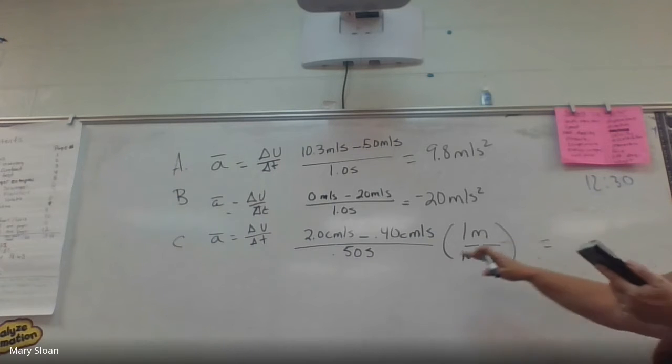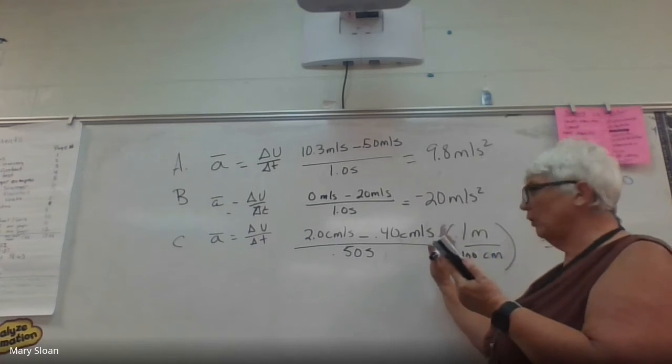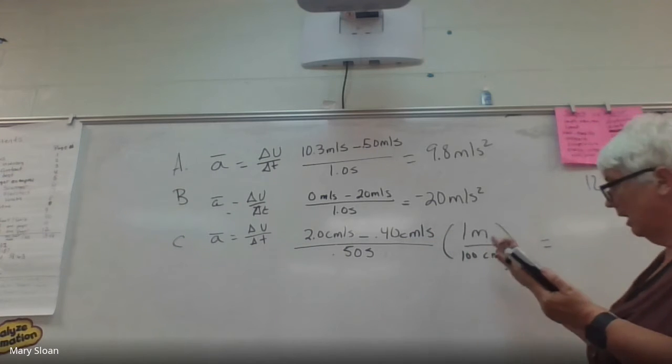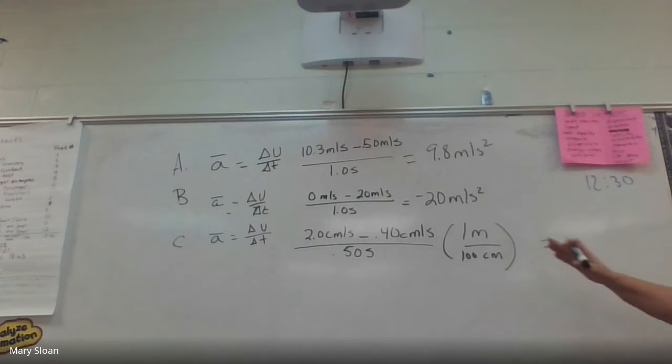Now, when you do this and you get down here, make sure you use your arrow over so you can get this number by itself, because these are separate, right?